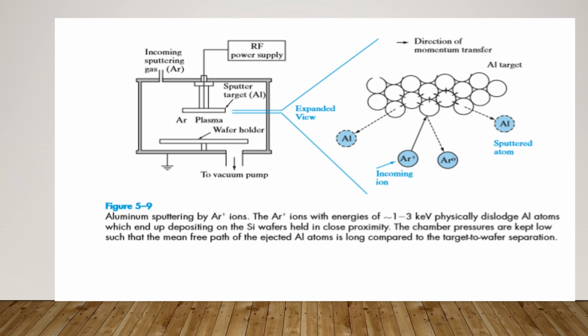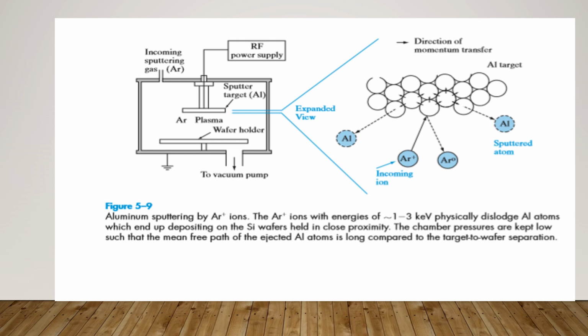That is, argon atoms strike here and eject aluminium atoms from this lattice. This is the aluminium target, the incoming argon strikes it and takes aluminium off this target.